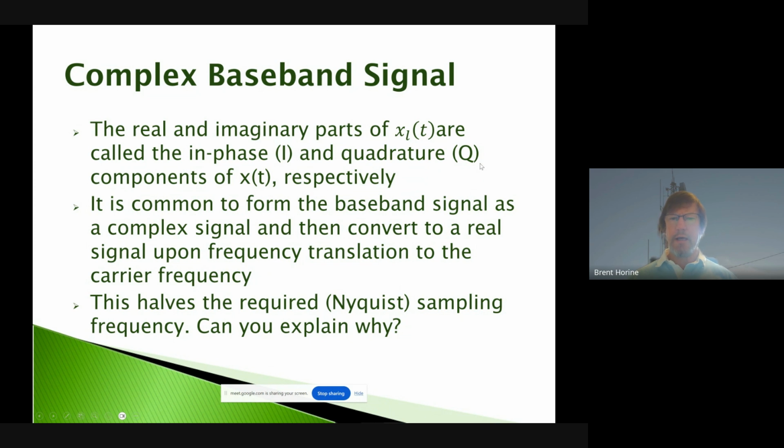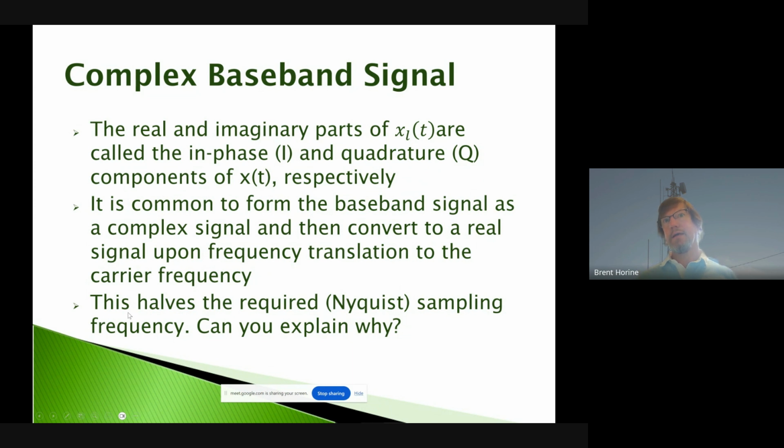You'll see IQ, the terminology IQ, used a lot in digital communication systems in particular. So it is common to form the baseband signal as a complex signal and then convert to a real signal upon frequency translation to the carrier frequency. And this halves the required, or Nyquist, sampling frequency, right?